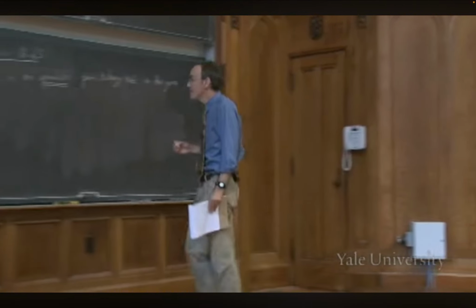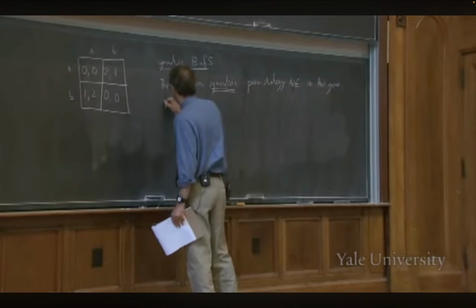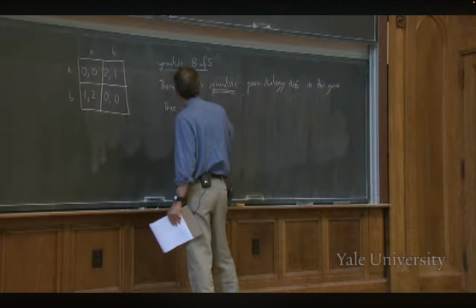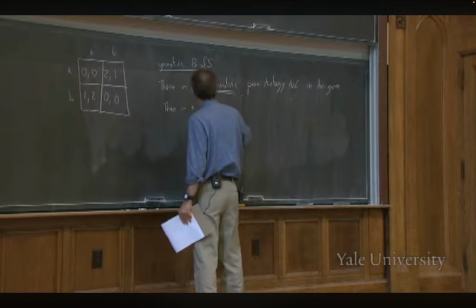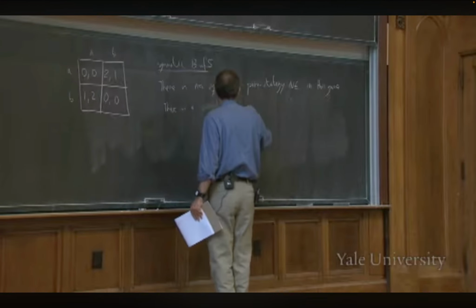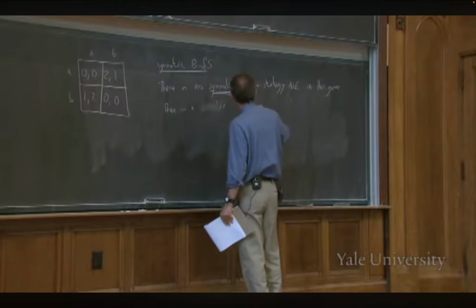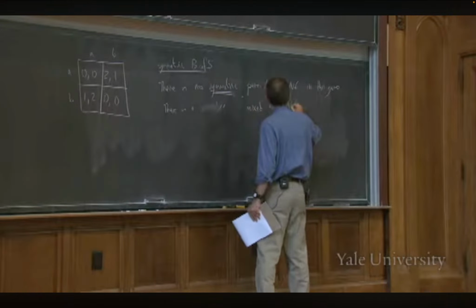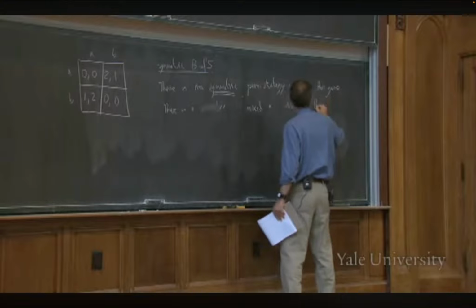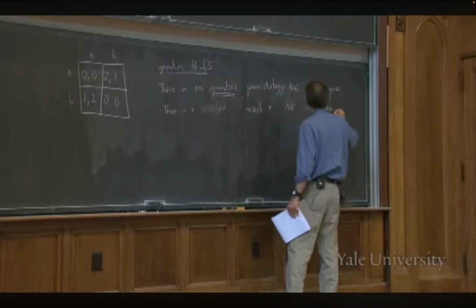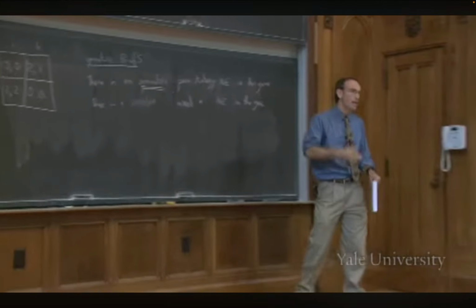All right. There is a mixed strategy. Let's have the word symmetric first. There is a symmetric mixed strategy Nash equilibrium in the game. All right, and we could go through and work it out.